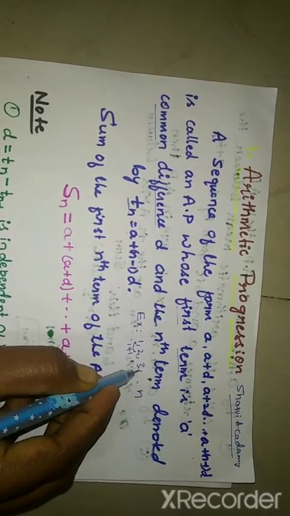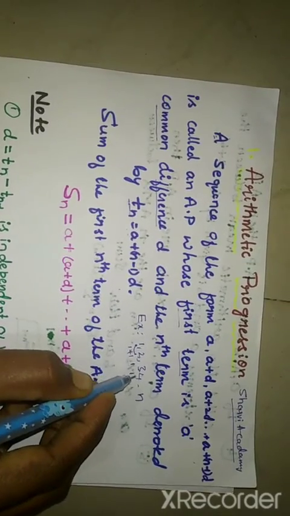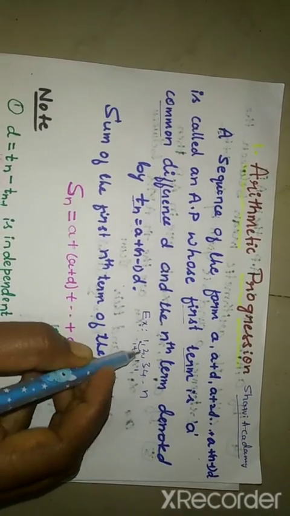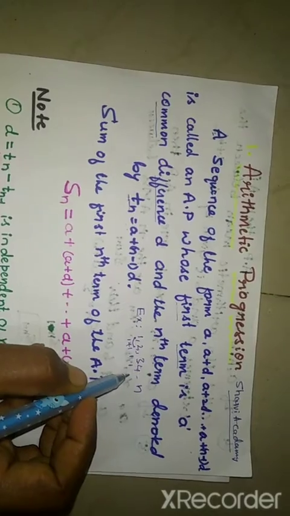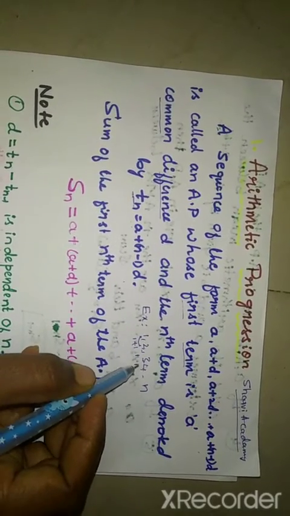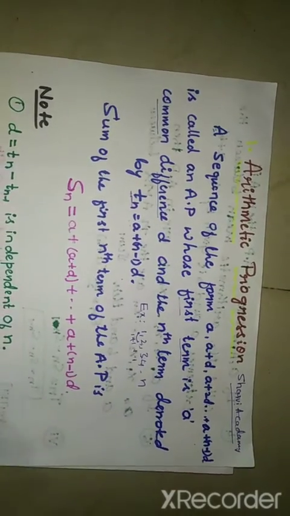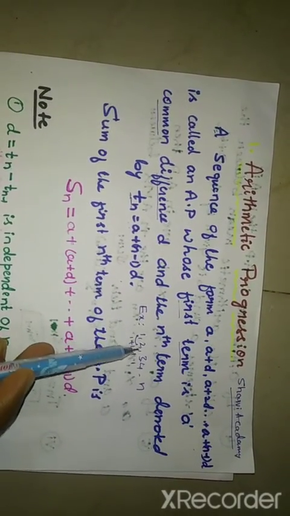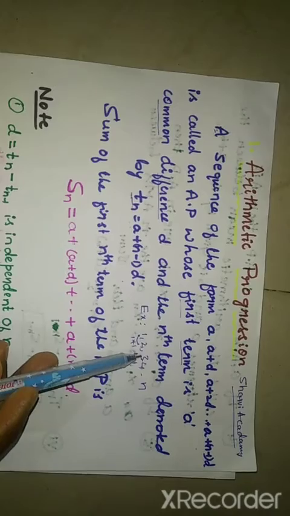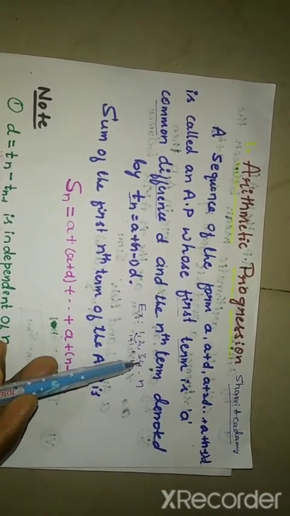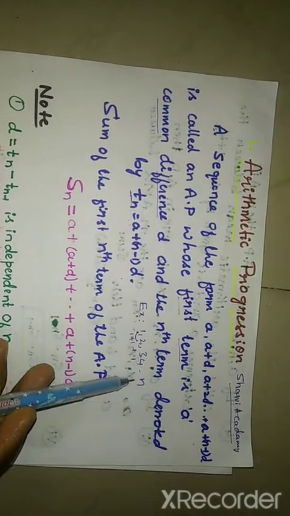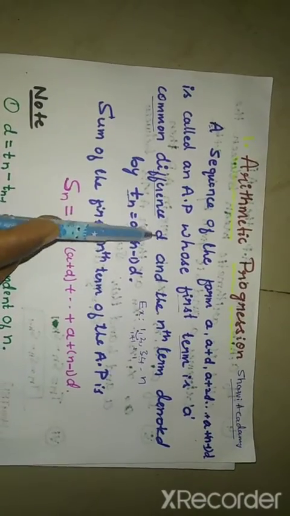The next term is 4. If we add 1 to 3 we will get 4. If we add 1 to any number, we will get the next number. So the common difference between any two consecutive terms is the same. That is called d.